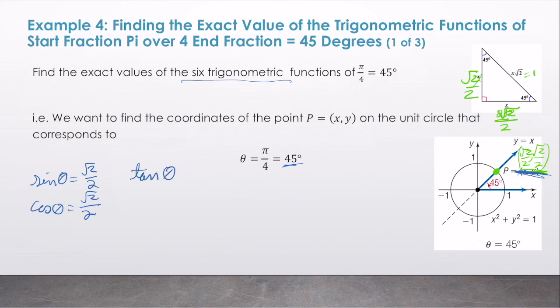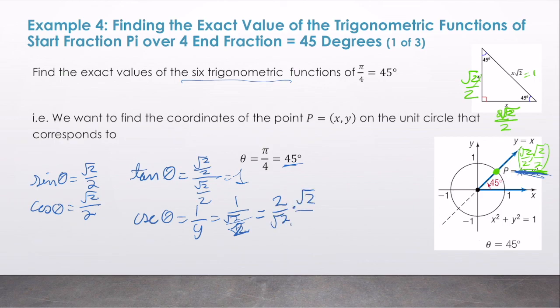Tangent of theta, which is y over x, is going to be the square root of 2 over 2 over the square root of 2 over 2, which is 1. Cosecant of theta, which is 1 over y, is 1 over square root of 2 over 2, which would give me 2 over the square root of 2. But we don't like radicals. I get square root of 2.